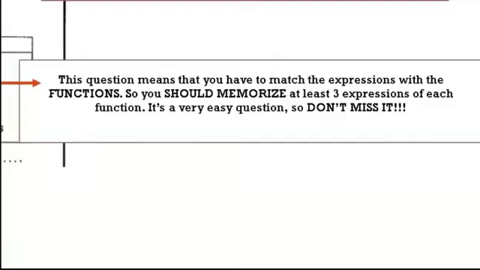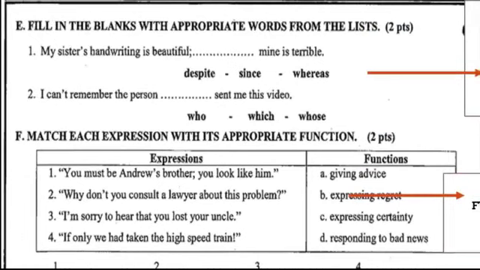Concerning how to answer, as you can see at the bottom of the table, we have four answers: 1, 2, 3, and 4. Either you write A, B, C, or D in the correct place. So I think that's all concerning the last example, concerning question F. As I told you, it's a very easy question, so don't miss it.